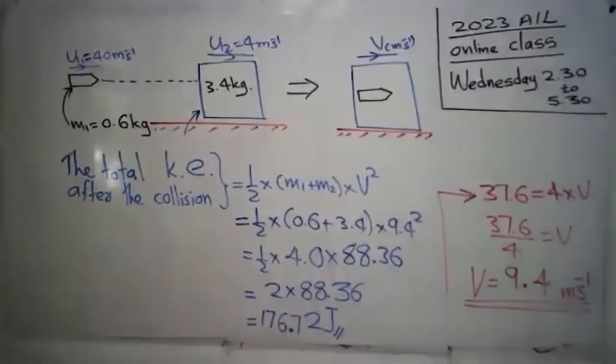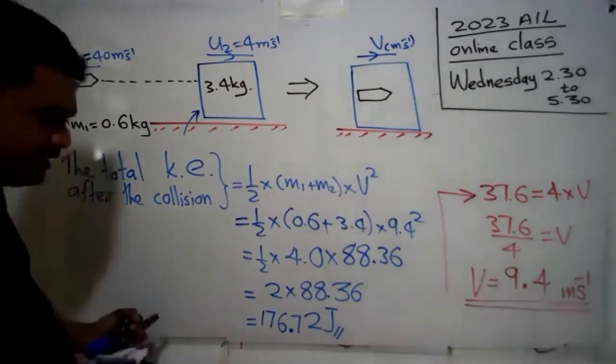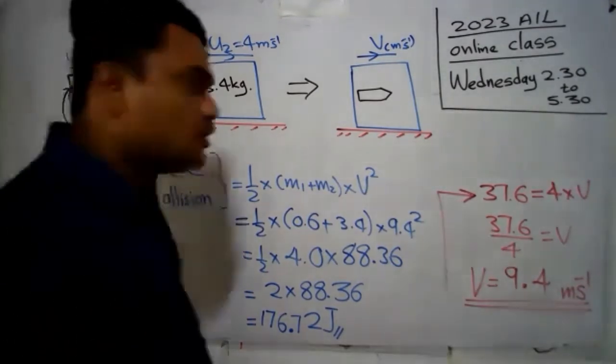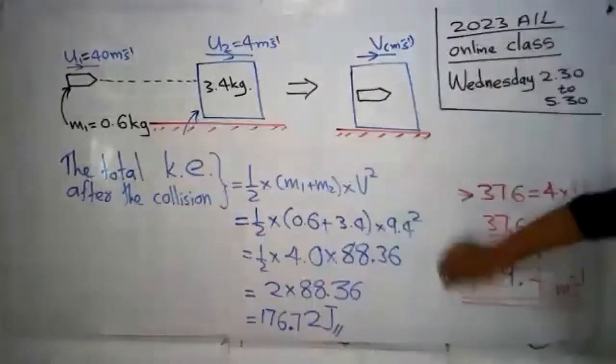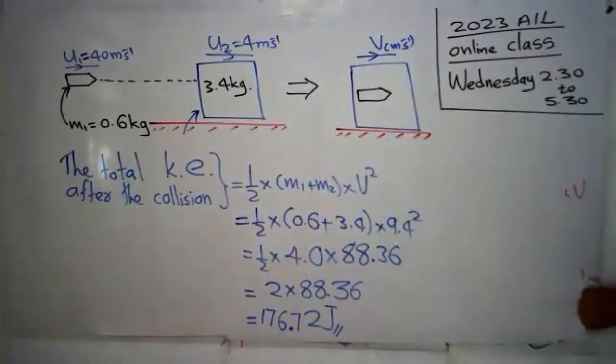Now they ask why there is a difference between the initial total kinetic energy and the final total kinetic energy. What is the total kinetic energy before the collision?